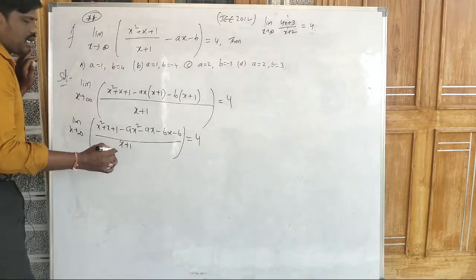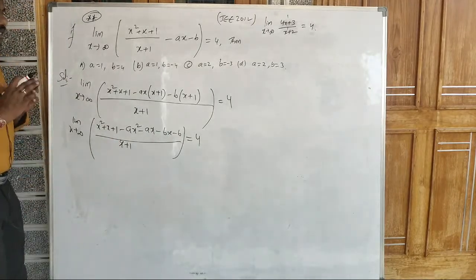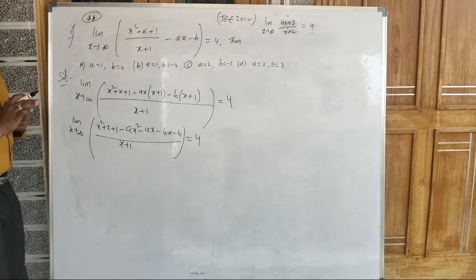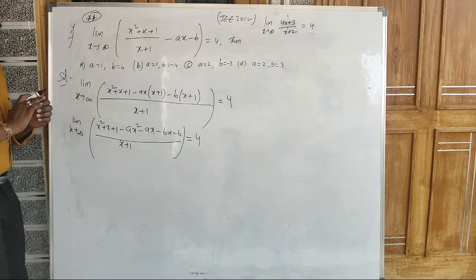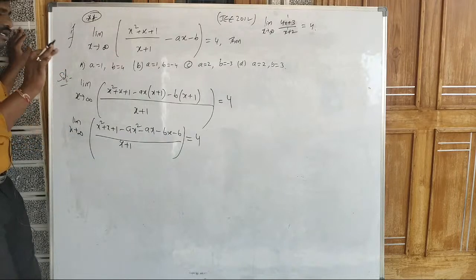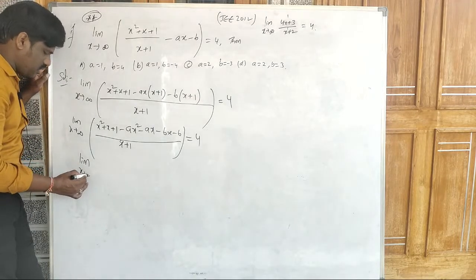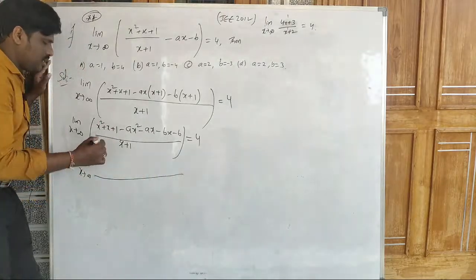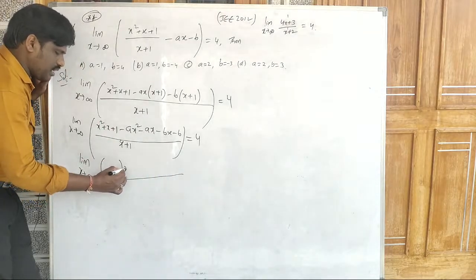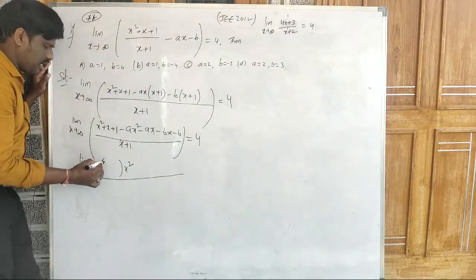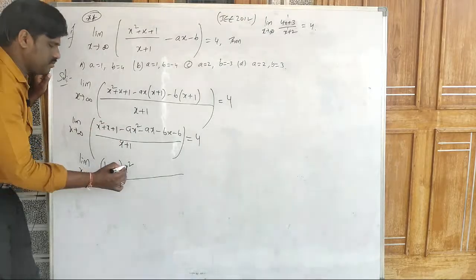Correct? Am I right? It indicates that I can separate the x square, x, coefficient of x and constant separately, then you will understand. Limit x extending to infinity, if I take x square common out, I get 1 minus a.